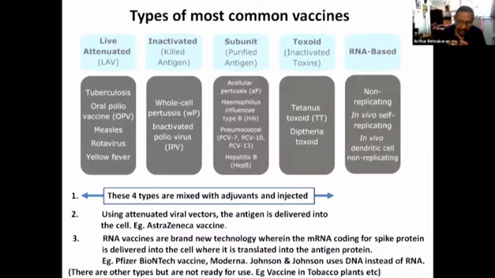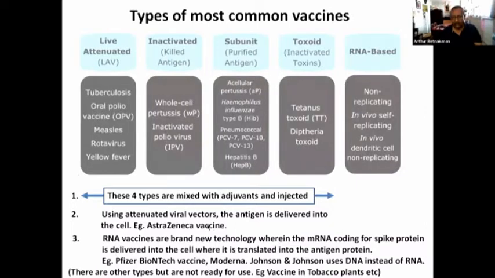Now, we've been using these viral vectors in molecular biology for studying various types of gene introduction into cells. So, using these viral vectors, which are actually inactivated vectors that have been thoroughly studied and we know the structure, these are all circular vectors, in which you can introduce the antigen, and this is delivered as this vector.